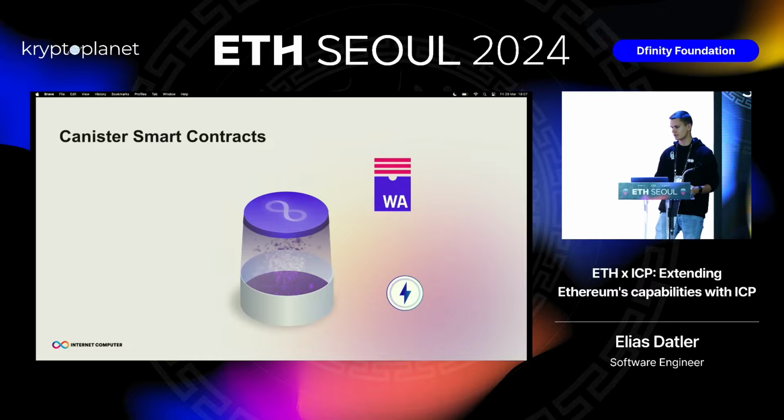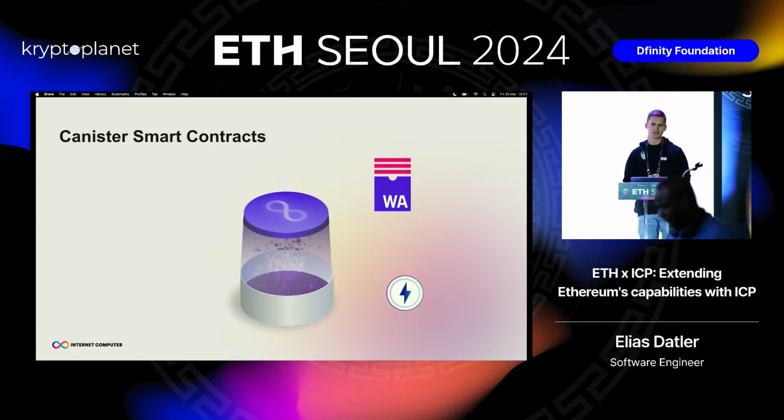Now, another thing that's different from, for example, Ethereum is that we have what's called a reverse gas model. So, on Ethereum, every time you want to make a transaction, you have to attach some gas to pay for the computation. And on our smart contracts, that's kind of flipped around.